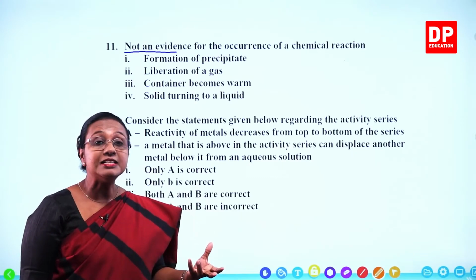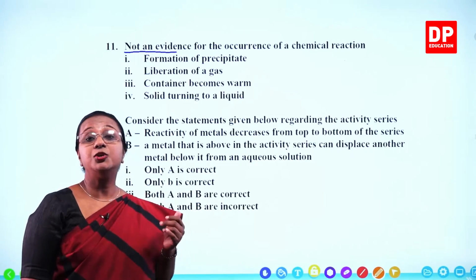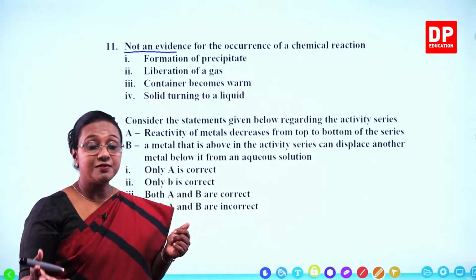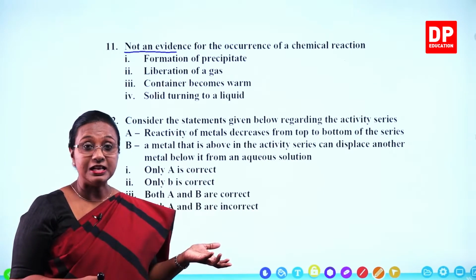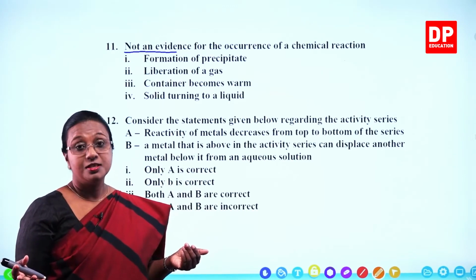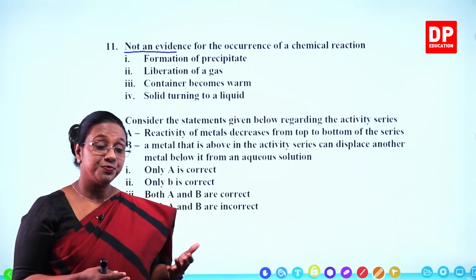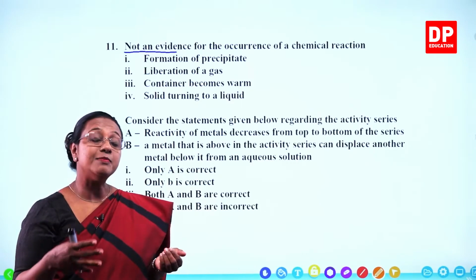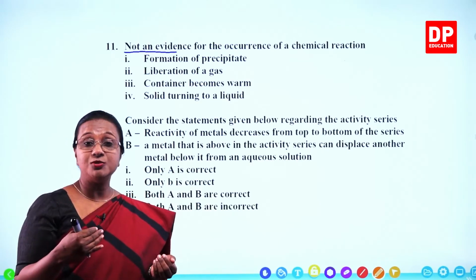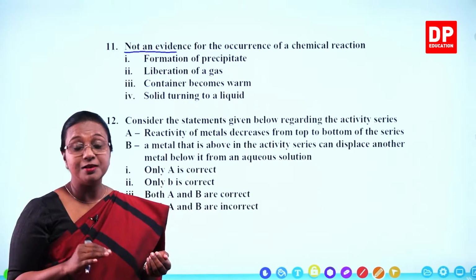When we add a certain metal, now say even when we put zinc into copper sulphate. Now copper sulphate solution is blue in color. We have zinc, the metal, and you have the solution, blue color solution. When they react, what do you see? You see the dissolving of zinc. At the same time, you see the blue color of the solution decreasing and you see a brown color precipitate being formed.